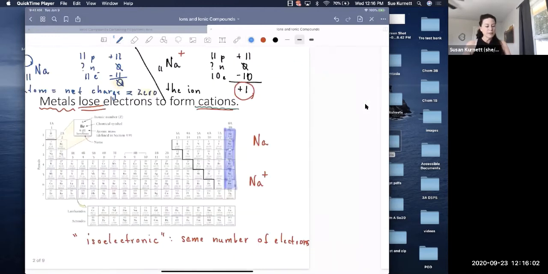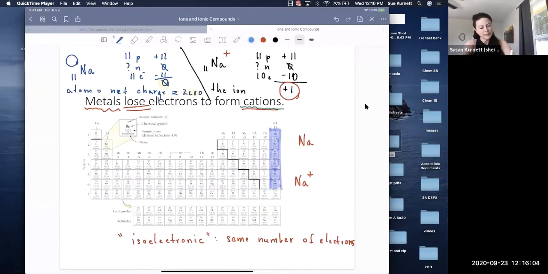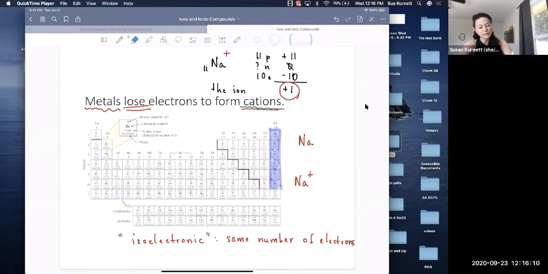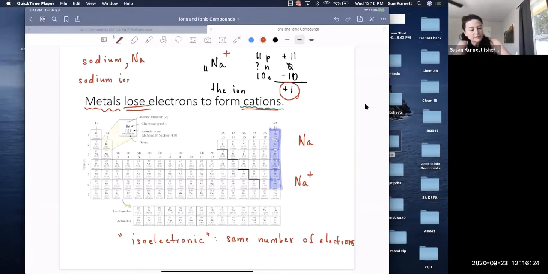Okay, so when sodium lost an electron to become an ion, its name did change. Before, we had sodium, and after becoming more stable, we had sodium ion. So sodium ion and sodium are very different.